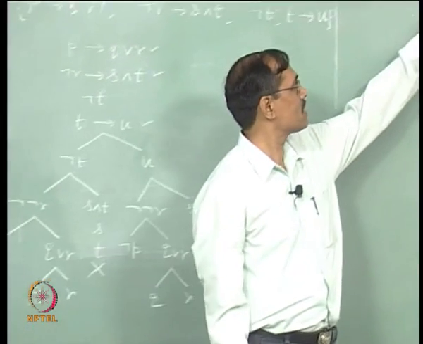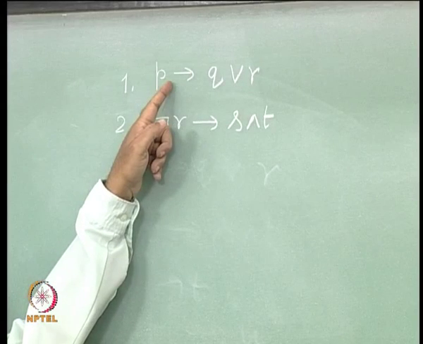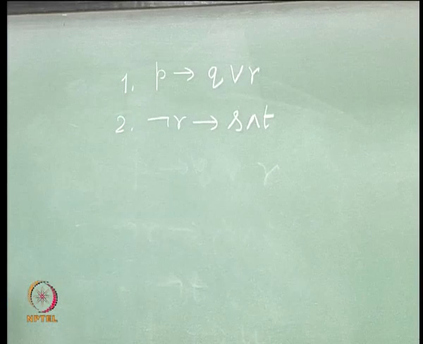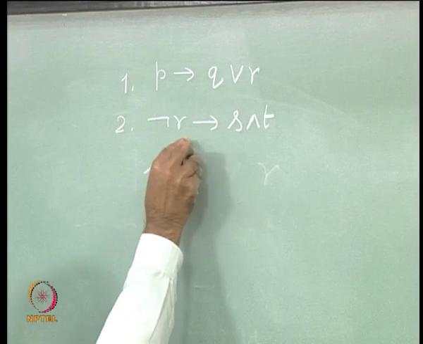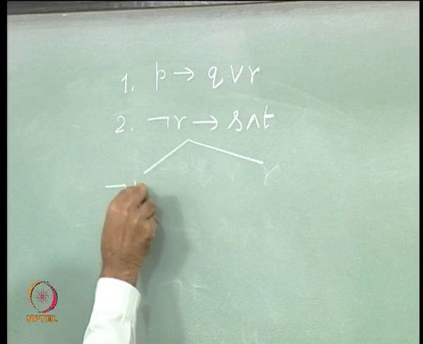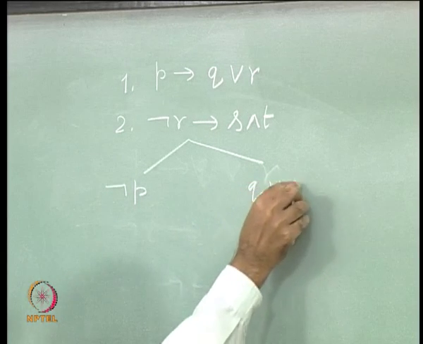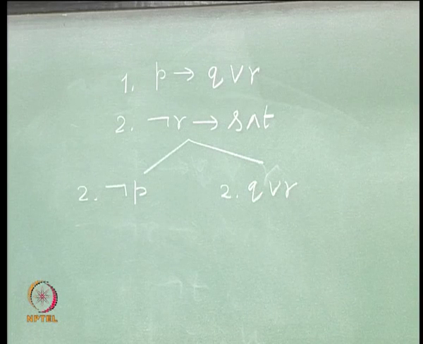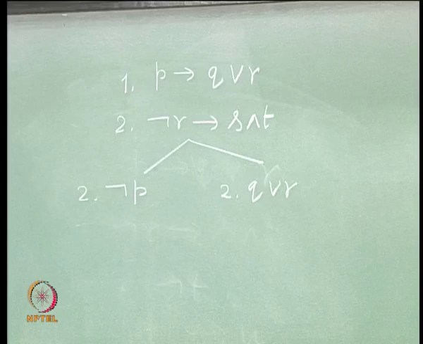So I find first proposition, which is my A now, it is a dynamic variable there, so it is my A. There I apply the rule, so I get not P, Q or R, both of them have been obtained in stage 2, they are in stage 2, right, nothing more.